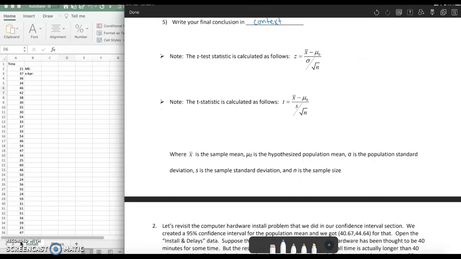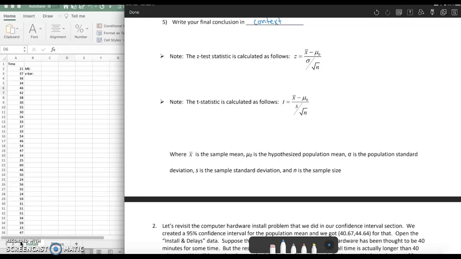Now here is how we calculate the z and the t statistic. Notice that it's basically like the z-score formula, where we take the data value in question, for us that's the sample mean, x bar, subtract the hypothesized mean, mu sub 0, and then we divide by, and here's where things change a little bit.